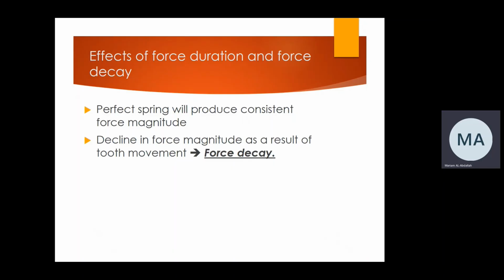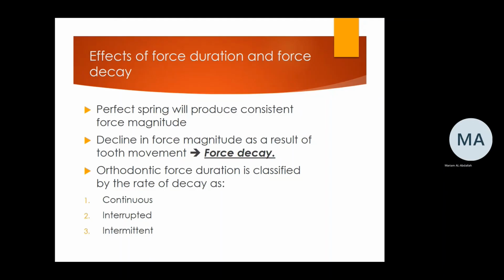It will reduce in amount because the tooth is moving away from this force. This is what we call force decay, the decline in force magnitude as a result of tooth movement. So a perfect spring does not exist, because as you move the tooth, the force will reduce in amount.